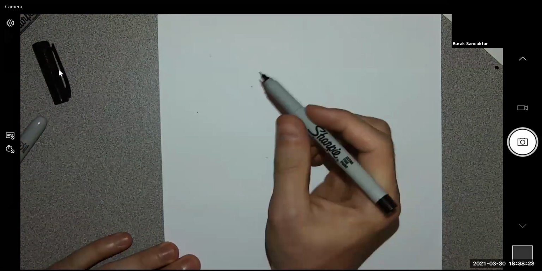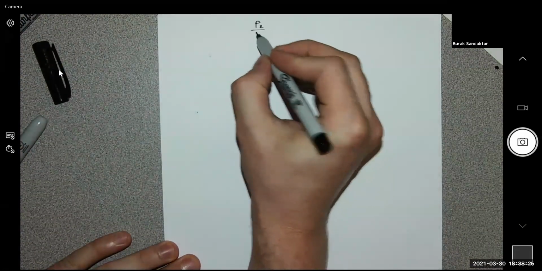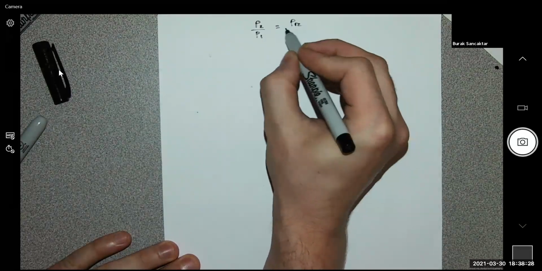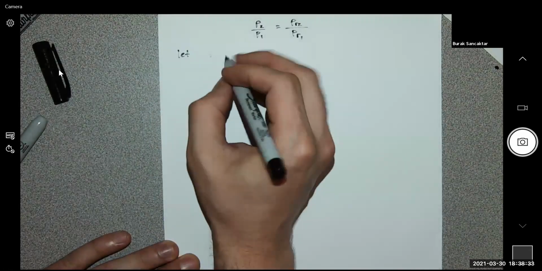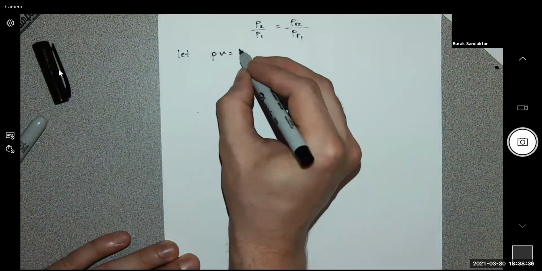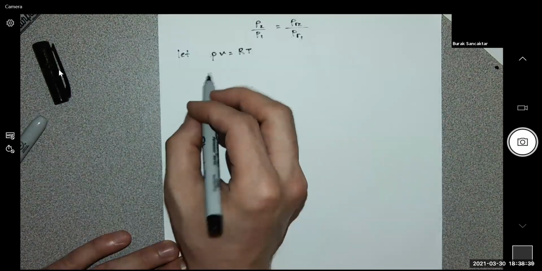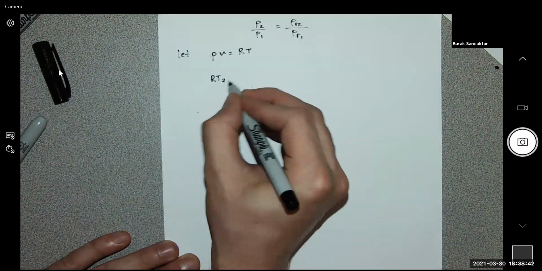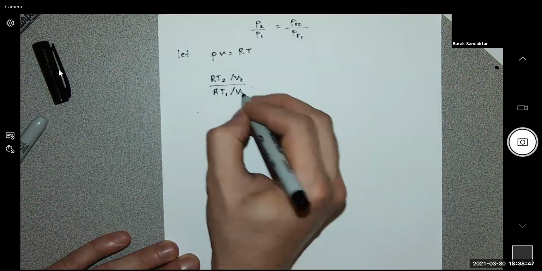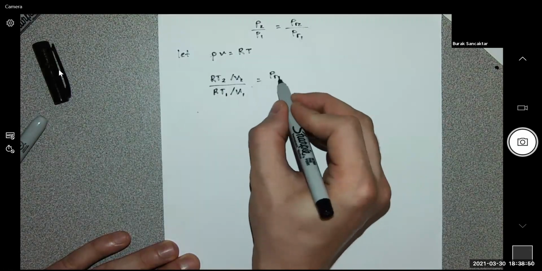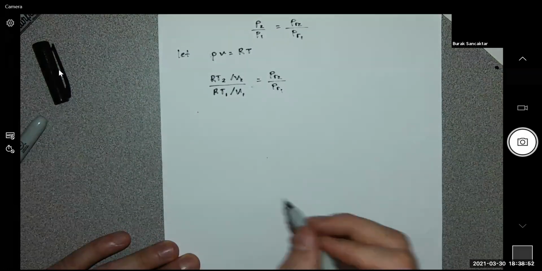Okay. So what I had, pressure, state 1 to state 2 is P2 over P1 equals PR2 over PR1, relative pressure. And let's use our state equation PV equals RT, so R T2 over V2 divided by R T1 over V1 will be equal to PR2 over PR1, right?